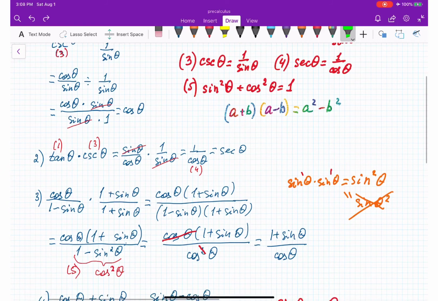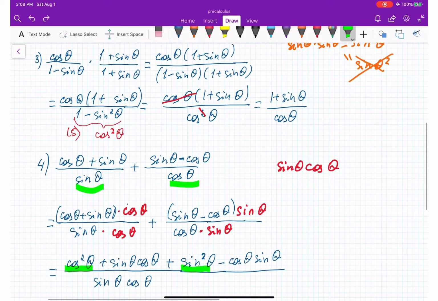So let's apply that, formula number 5. So that's going to be 1. And then what else do we have here? Sine theta cosine theta, and negative cosine theta sine theta. It's cancelling. You realize that sine cosine or cosine sine is the same thing because it's a multiplication between them, right?